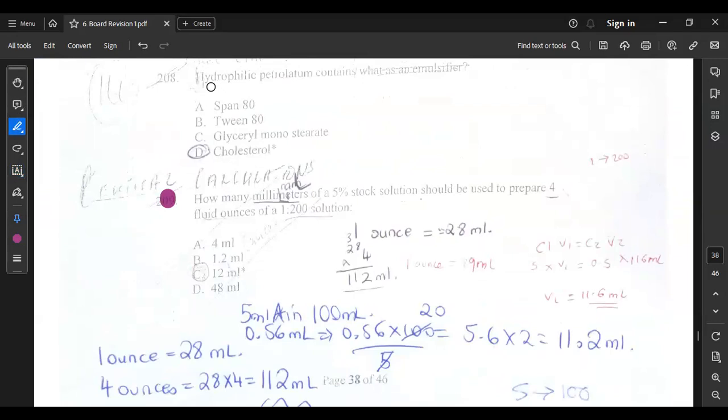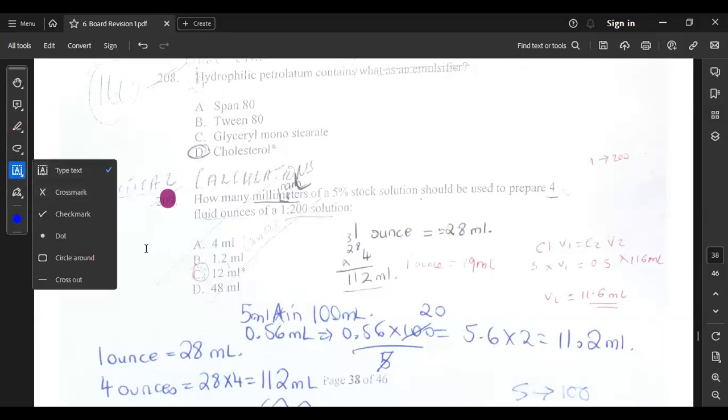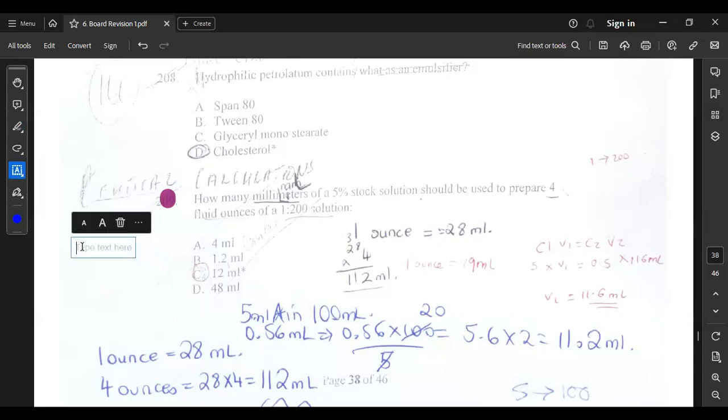I think in that question you use the formula C1 V1 is equal to C2 V2. So the 5% will be the concentration 1, and we don't have the volume. And then for the C2, it's 1/200, so you convert. 1/200 is the concentration 2, and then 4 ounce is the volume 2. So I don't know 4 ounce into ml. Yes, 1 ounce is 28 ml.